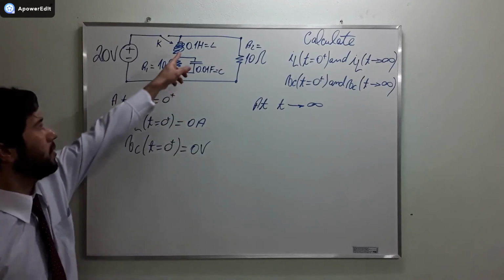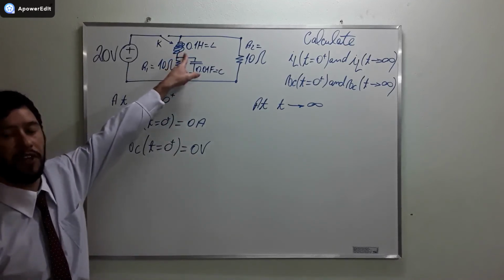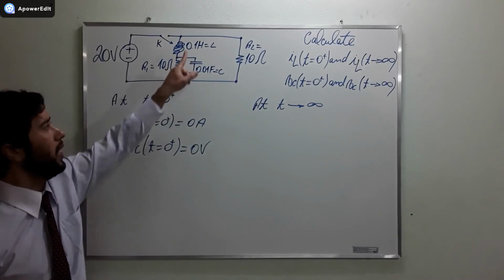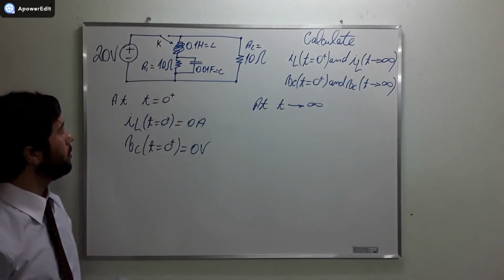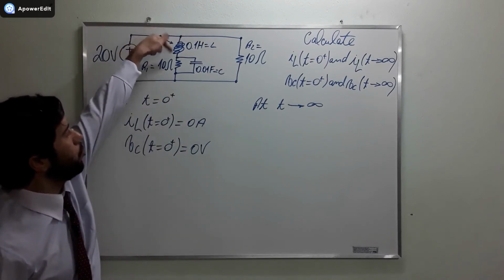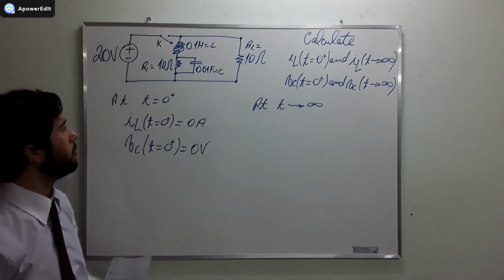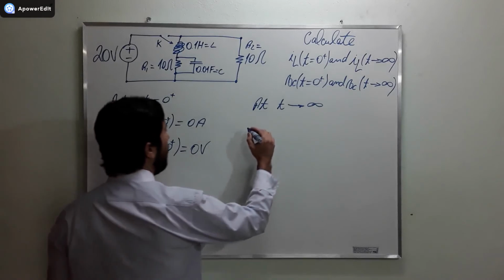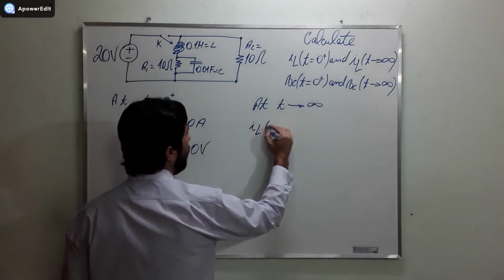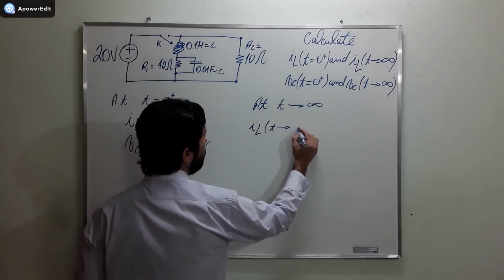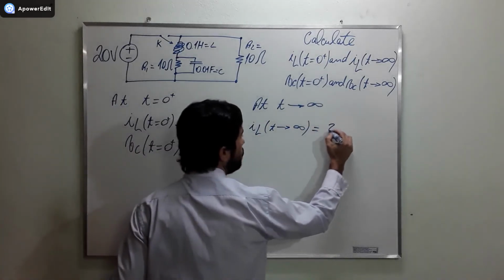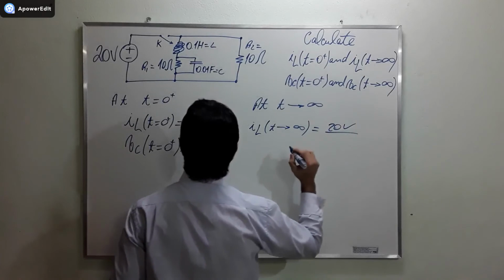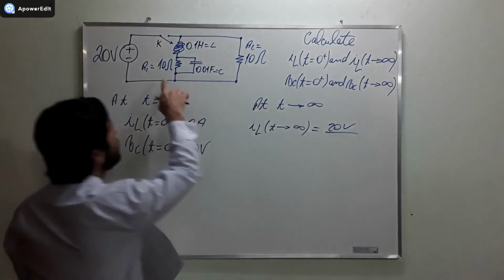The inductor now behaves as a short circuit and the capacitor as an open circuit. Okay? So the current that's going to pass through the inductor is going to be IL(t → ∞) equal to 20 volts divided by 10 ohms.